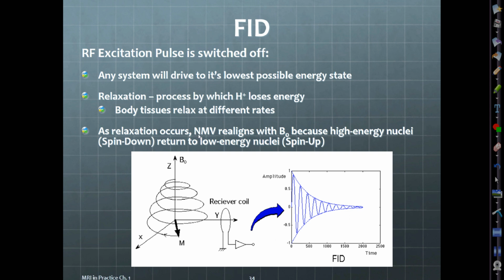So as relaxation occurs, that net magnetic vector, which was in the transverse plane, realigns with B sub 0. Because the high energy nuclei, which were also called the spin down, return to a low energy state. And so this is actually how we get this diagram, this free induction decay.